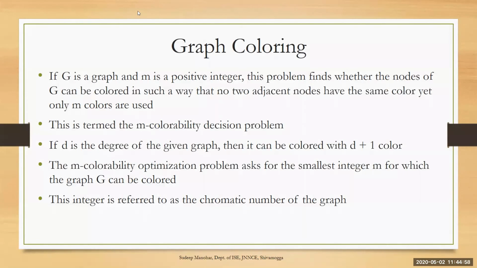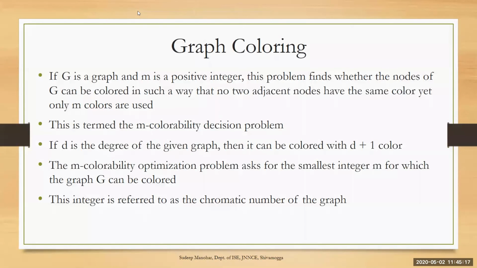For example, if M is 3, red, green and blue, 3 colors are given and a graph is given. Suppose the problem is you have to give colors for each vertex of the graph, such that no two adjacent nodes have the same color. Adjacent nodes should not have the same color.